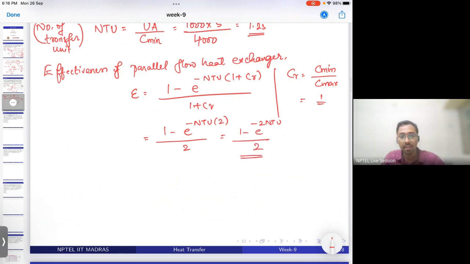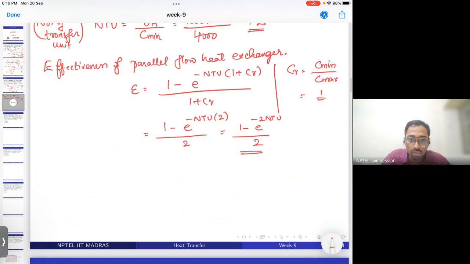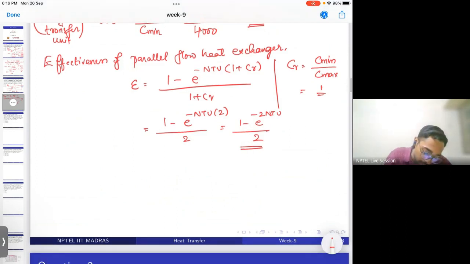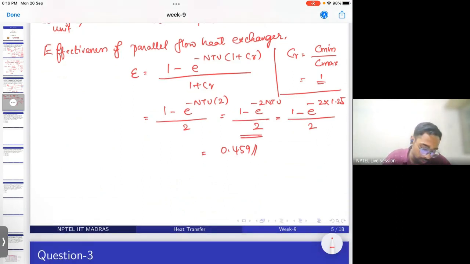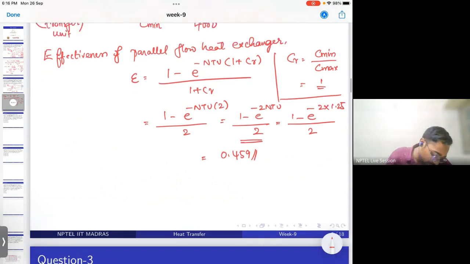Or we can write epsilon is 1 minus e raised to minus 2 NTU divided by 2. So this is the expression for effectiveness. We know NTU, so that is minus 2 into 1.25 divided by 2. So the answer will come out to be around 0.459. So now we found the effectiveness. Now the question is easy. We know epsilon is equal to Q actual divided by Q max.